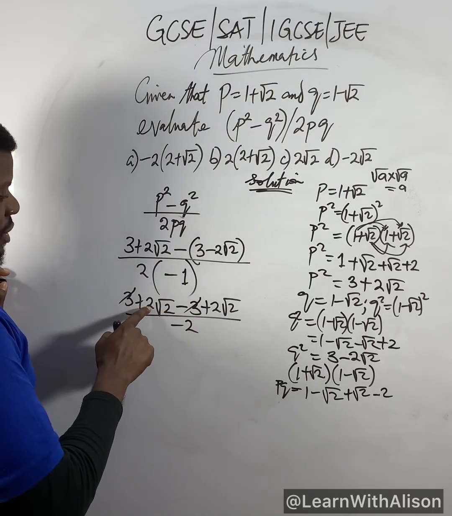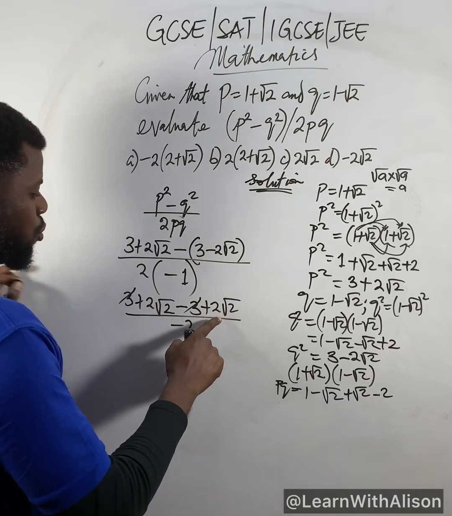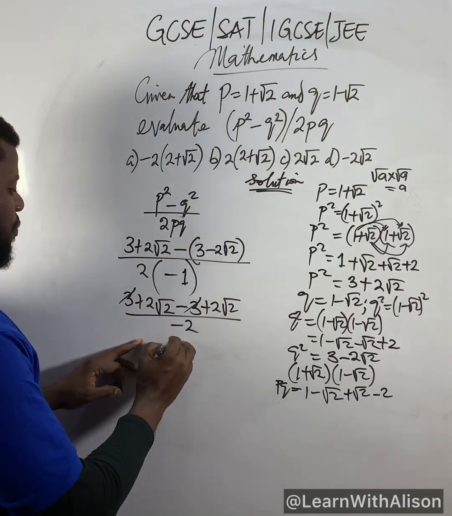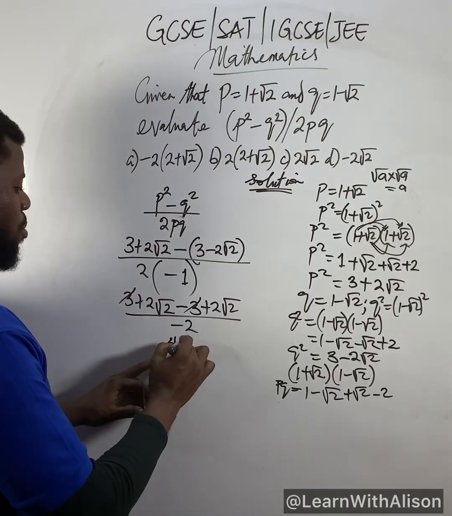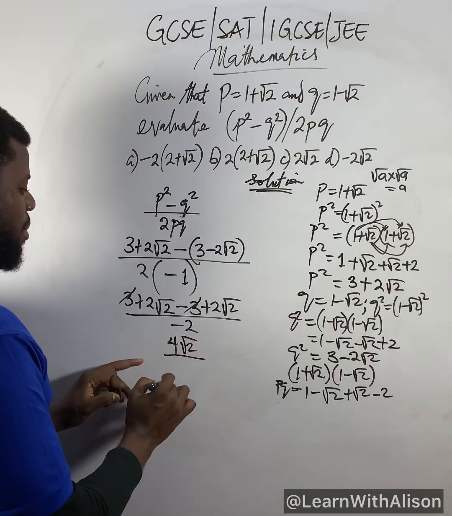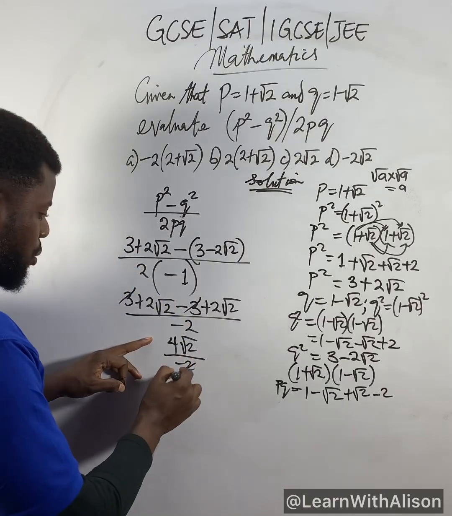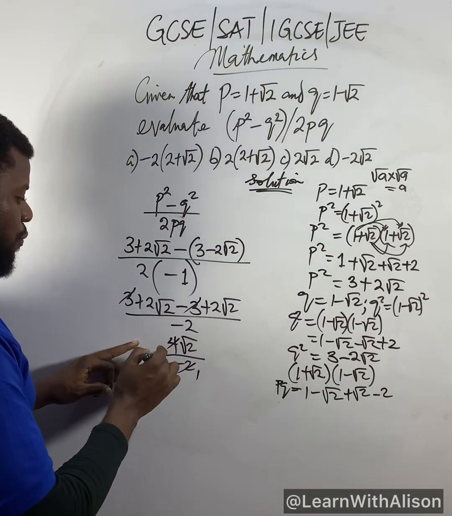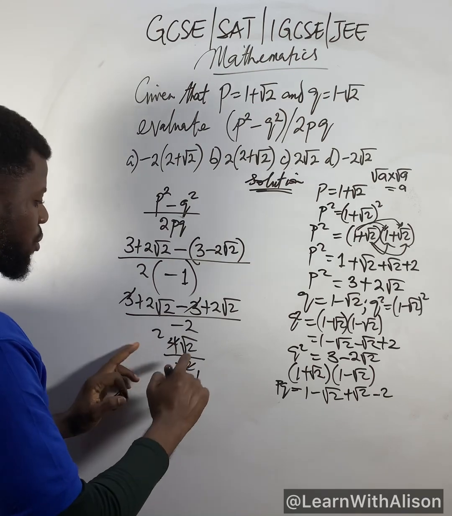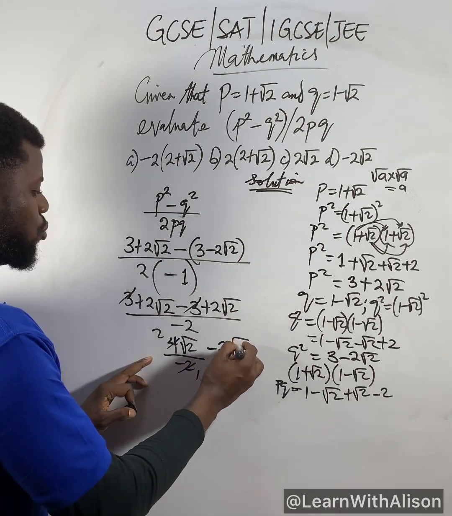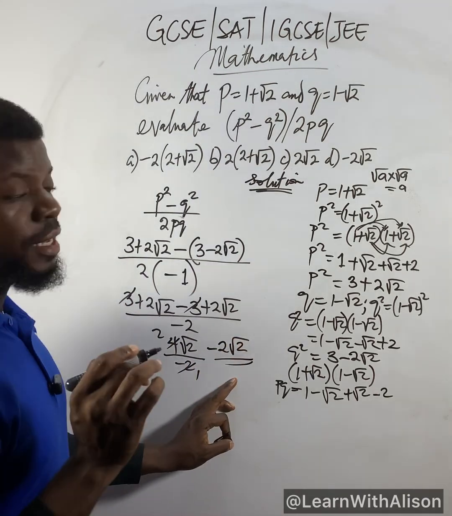So here we have positive 2 root 2 and positive 2 root 2, which gives us 4. The square root of 2 is common, just pick one of it, divided by negative 2. Do you know that this 2 going into itself is 1, into 4 will be 2. What is left on the board is negative 2 root 2. And that is the final answer.